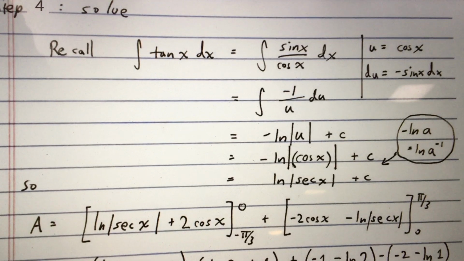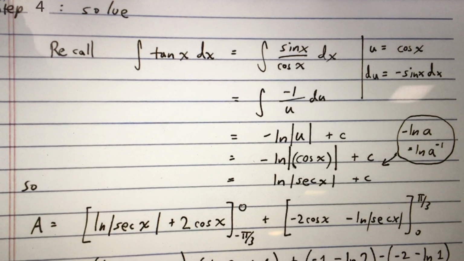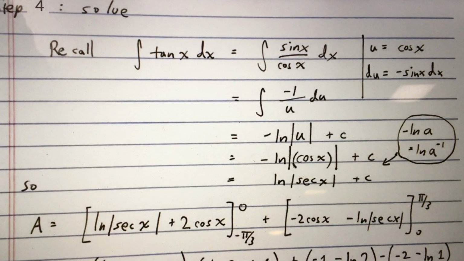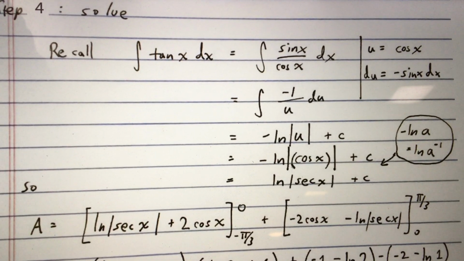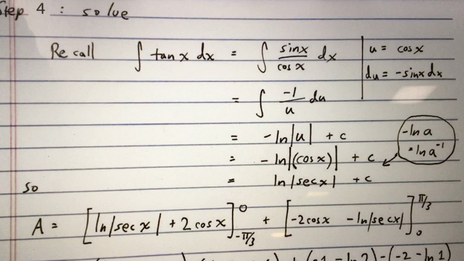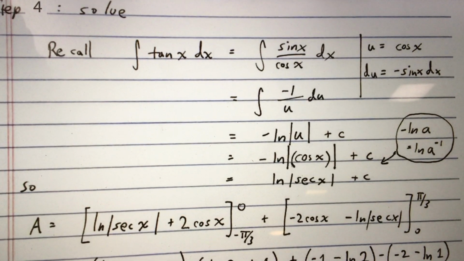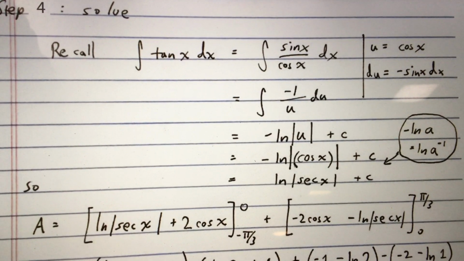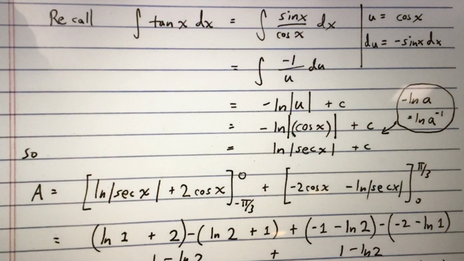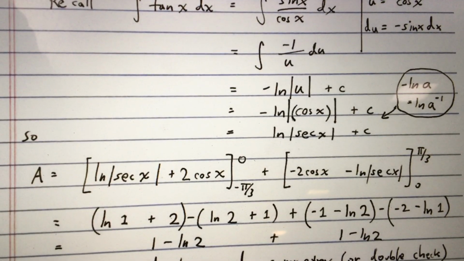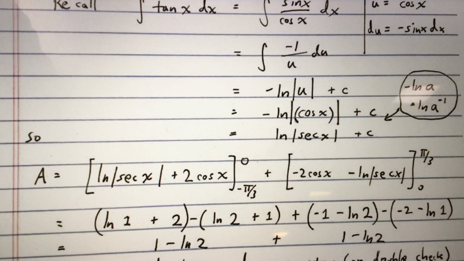So you can use either of those that you like, the cosine or the secant, and just remembering that cosine is equal to 1 over secant, it might actually be easier to use the cosine. But since that's how I usually find the answer in the tables, I used the secant and then plugged in negative pi over 3 and 0.